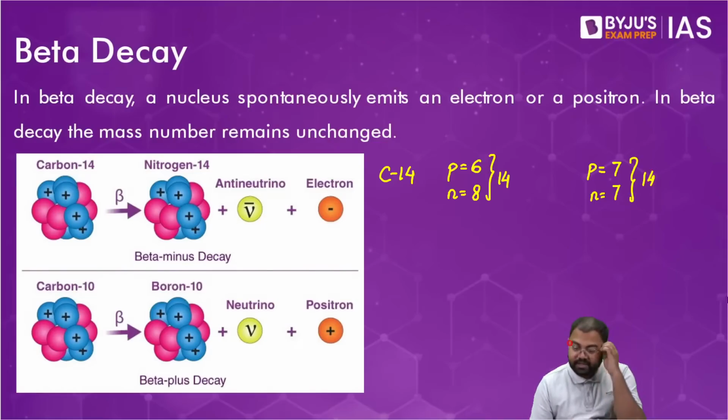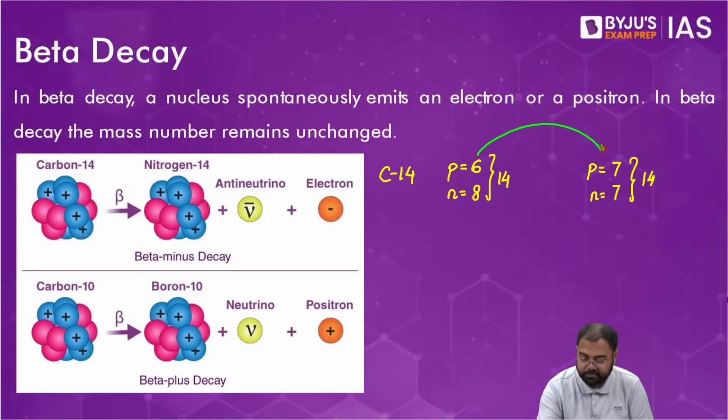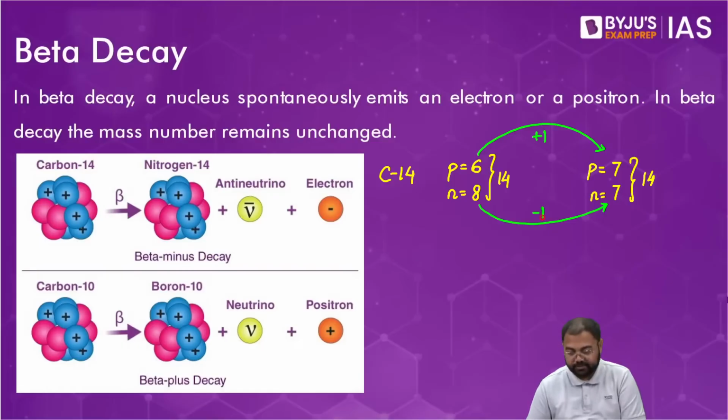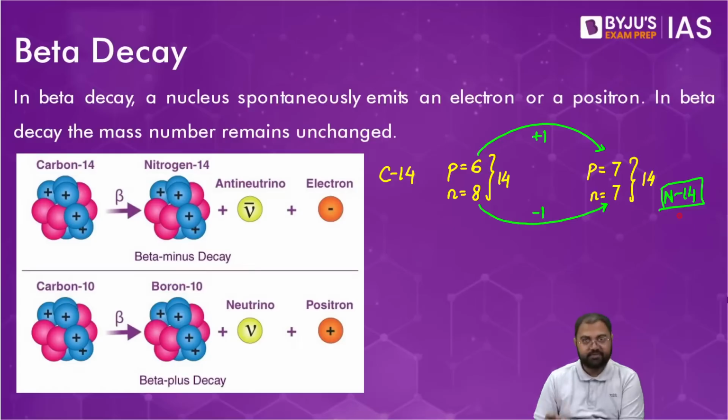Just that the rearrangement will happen so that there is one extra proton and a decrease in the number of neutrons in carbon 14, and that's why it becomes nitrogen 14, which has 7 protons and 7 neutrons. So carbon changes to nitrogen. It will not remain carbon anymore.